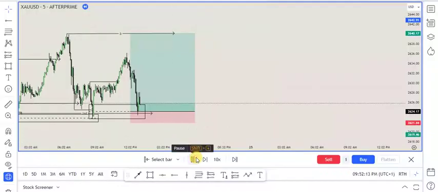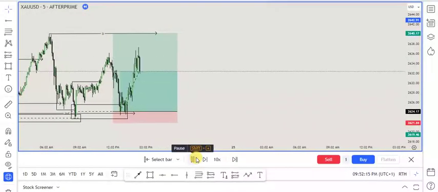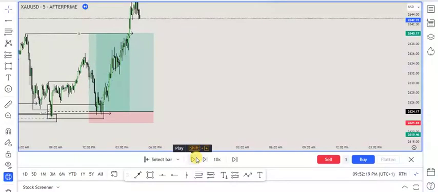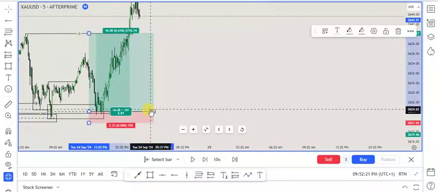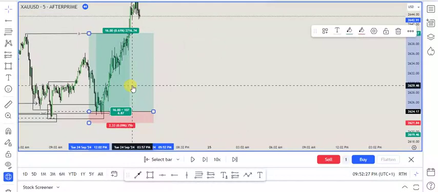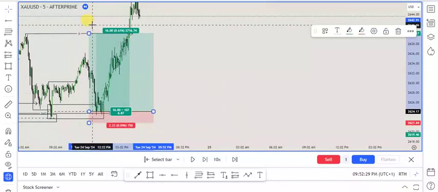So let's play. Yeah, we hit our TP, 1 is to 6 or 1 is to 7, you can call it anything you want. This is for gold. Let me show you the same flag limit setup for GU.